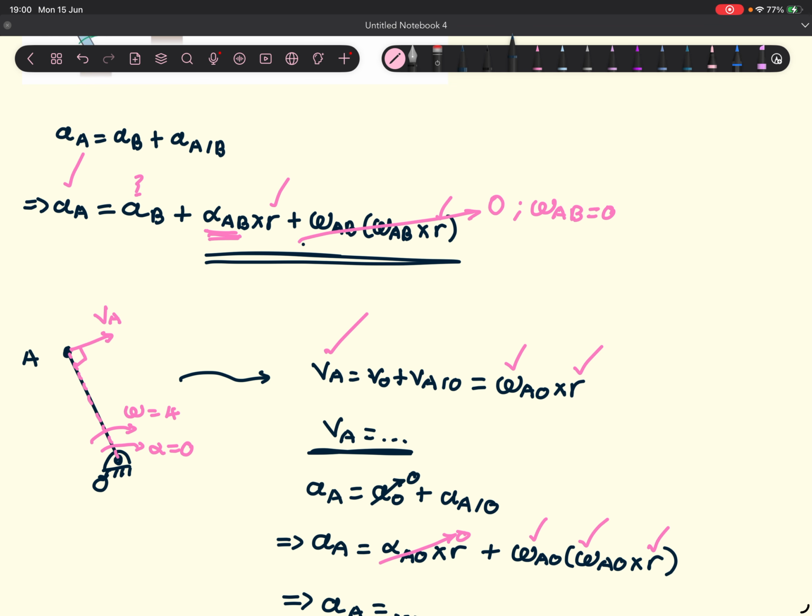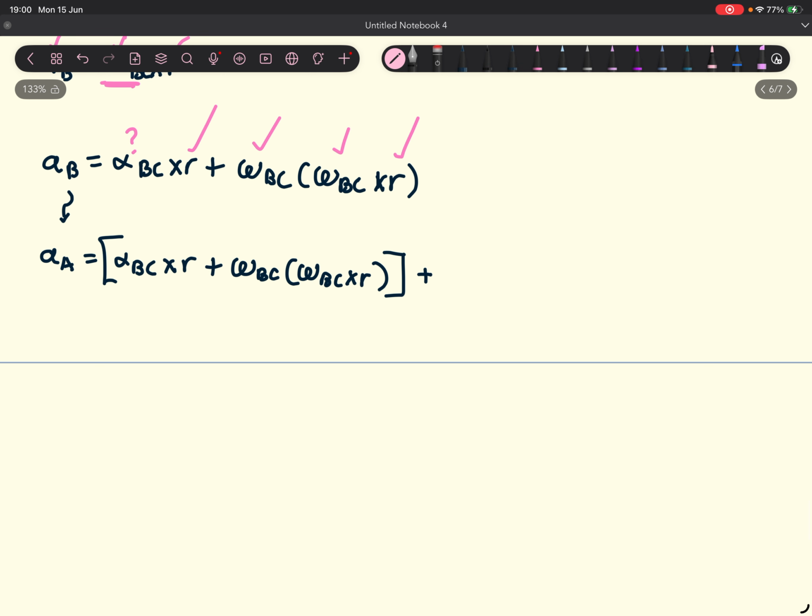So remember, this term fell away, so we're just going to write alpha AB crossed with R. Okay, now we know that value, we know these 2 values, we don't know this, this is what we want to solve for, and we also don't know the value of that.